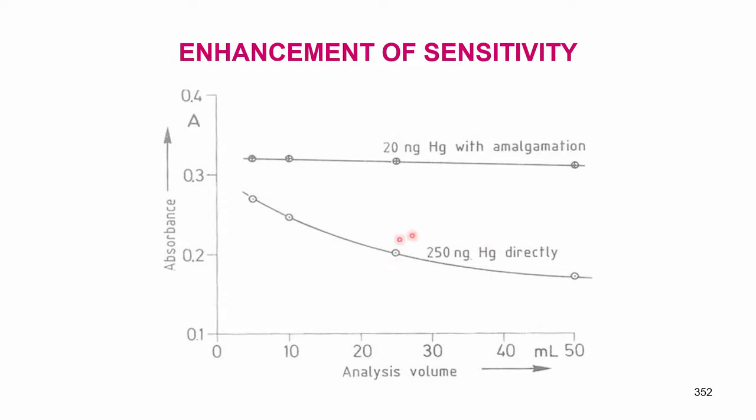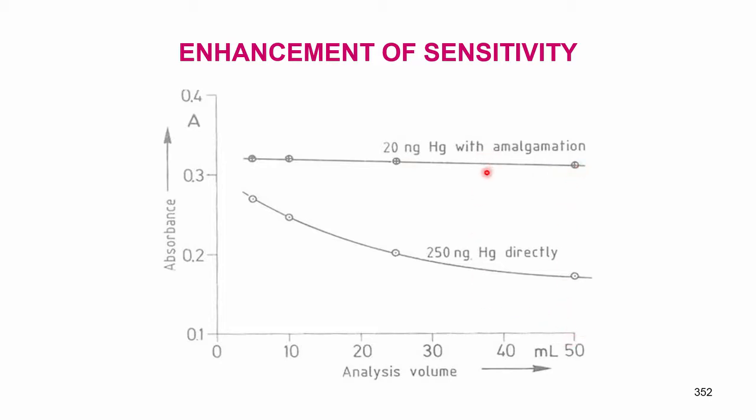Like that, there will be a problem with this, but with amalgamation, you see my signal, whatever the analysis volume, it does not matter, 10, 20, 30, 40, my absorbance is 0.32, 0.32, 0.32 for 25 ml, and then the same 0.32 even for 50 ml.